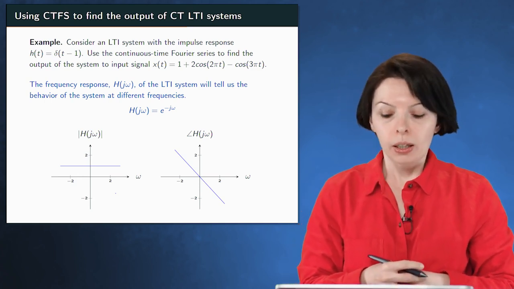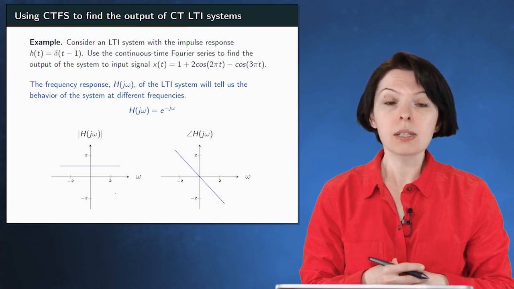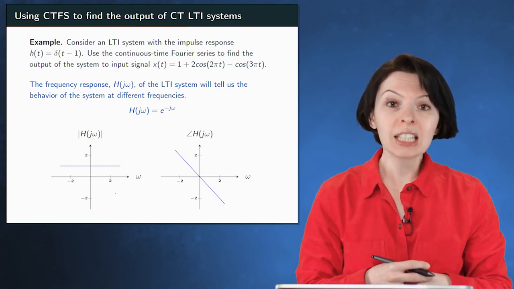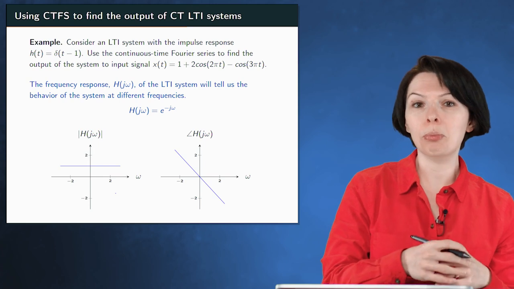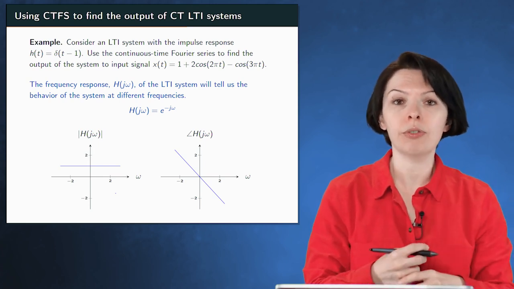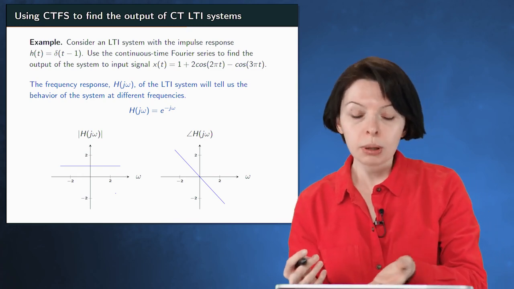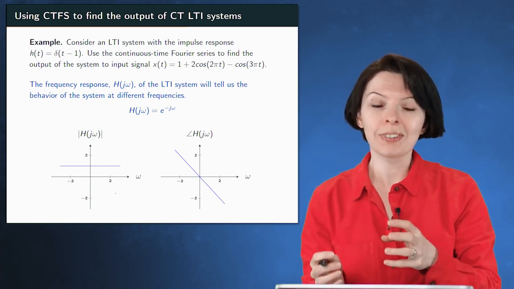All right, so which tells me that this system is not going to affect the magnitude of the frequency components that might exist in any given x of t that's applied to the system, but it's going to manipulate its phase.